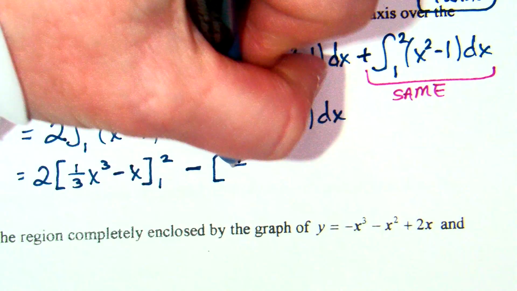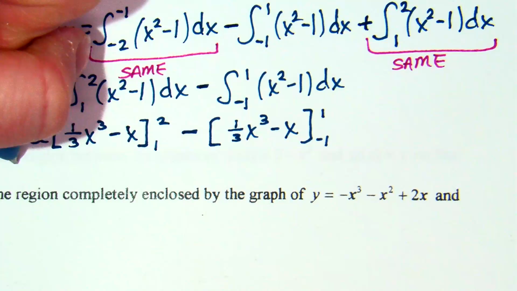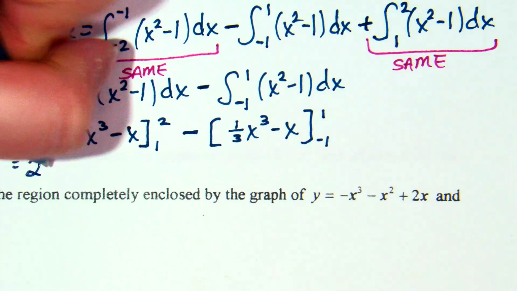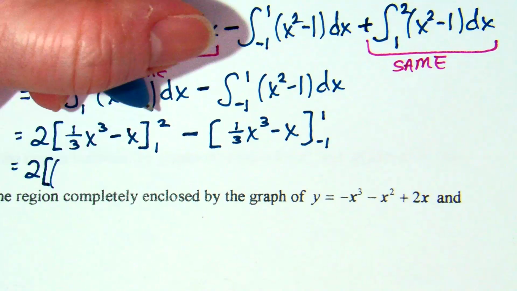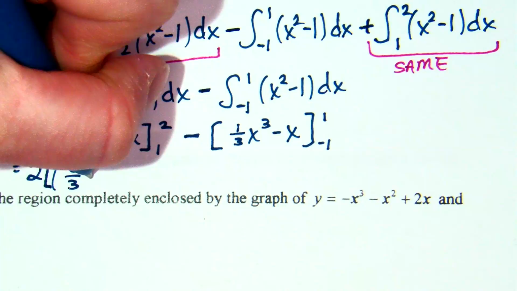Okay, with this one right here, I'm going to say 2 times the quantity. Okay, first time through, we have to punch in 2. 1/3 times 2 cubed is going to be 8/3 minus 2.